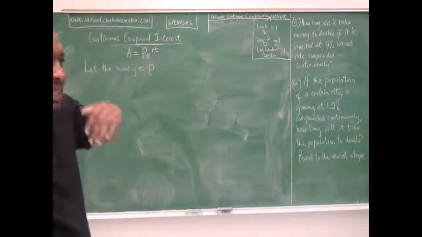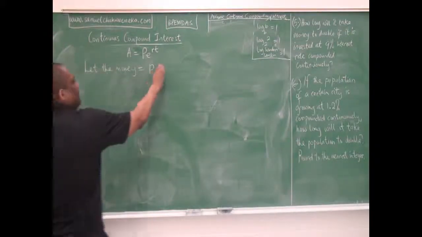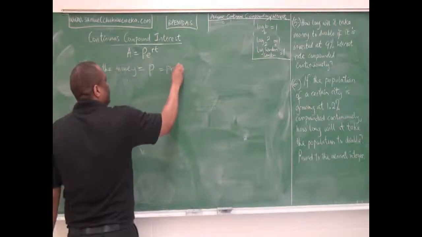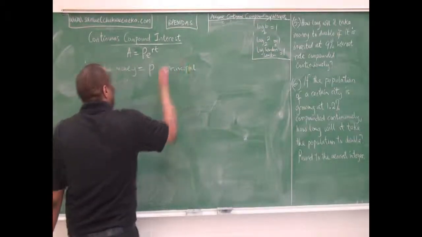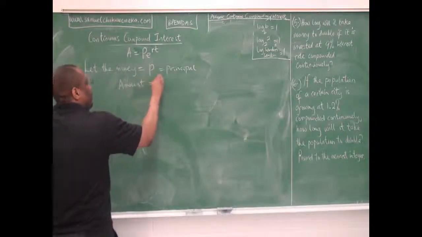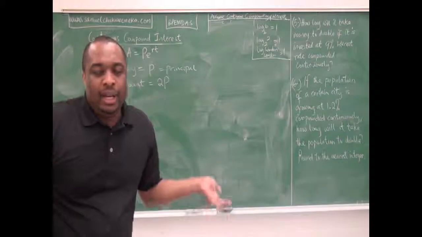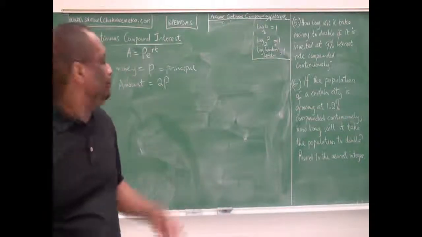The money is P, and that is also the principal. You need that principal to double, so the amount will be 2P, because you want it to double.